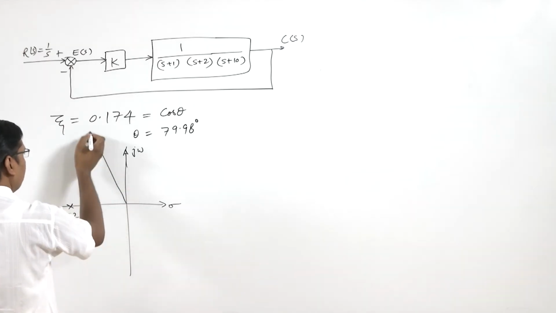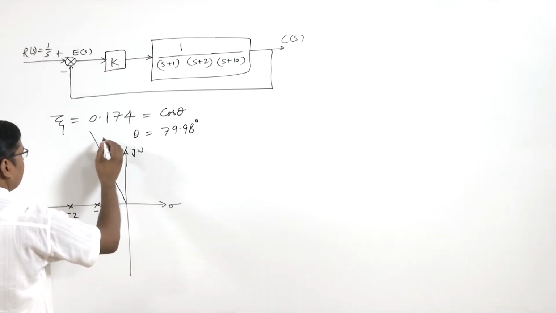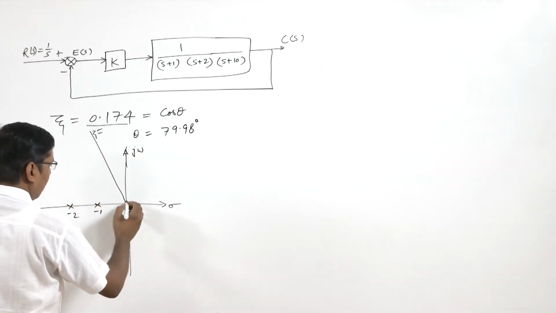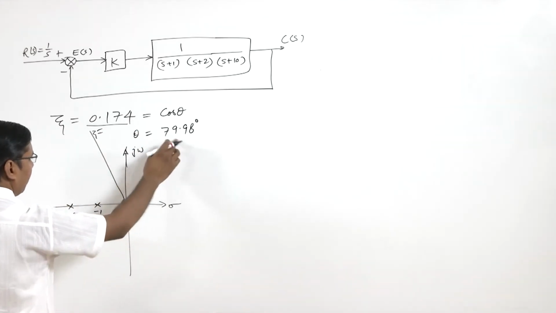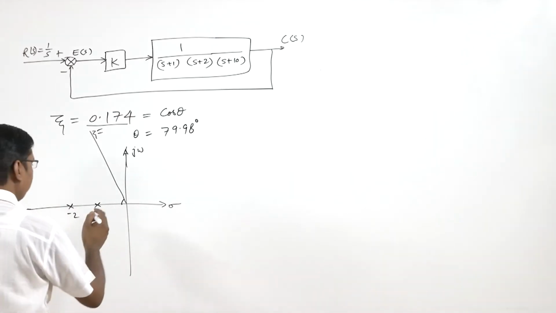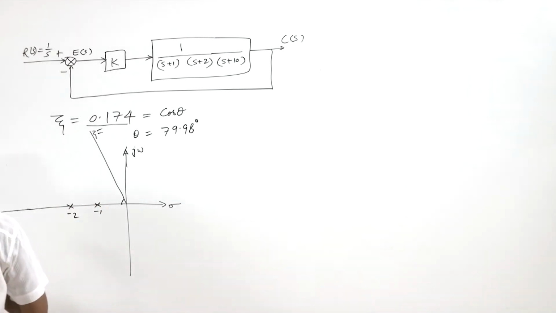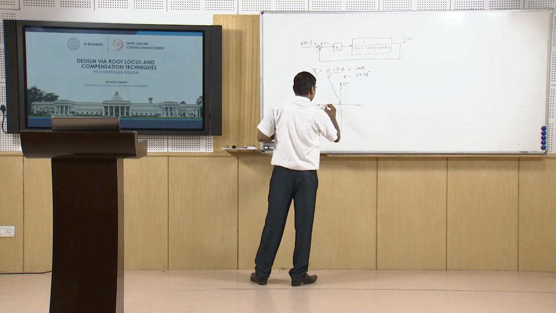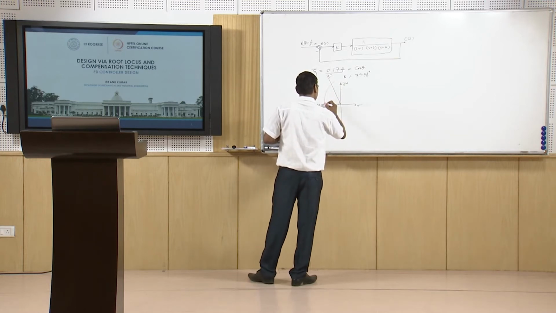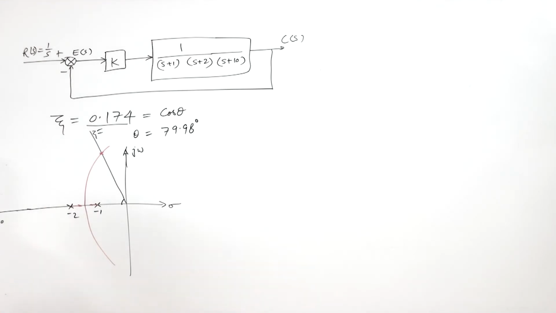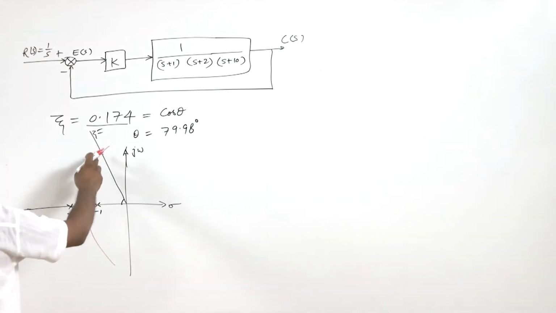This is the line, that is zeta equal to 0.174, and this angle is 79.98. The root locus will start from the poles and cross this line at some point.